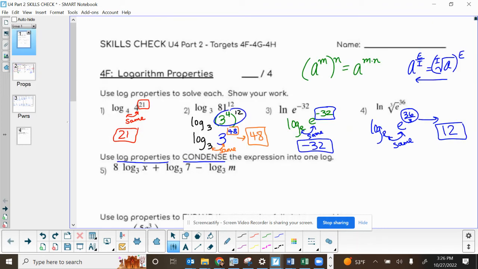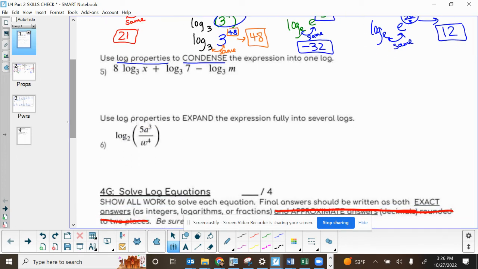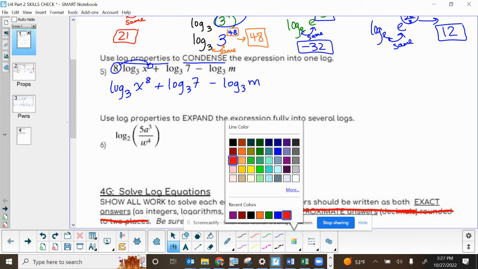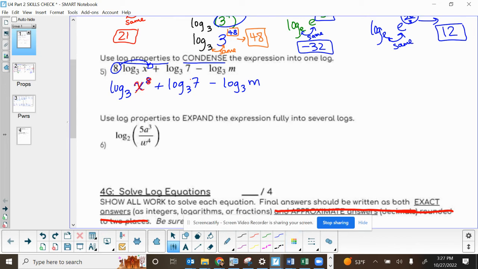First of all, I can move this 8 up to the exponent here of x. So I have log base 3 of x to the 8th, and then log base 3 of 7 minus log base 3 of m. They're all log base 3, so I can put together the x to the 8, the 7, and the m, but I have to notice that x to the 8 and 7 are being multiplied, and then the m is being divided.